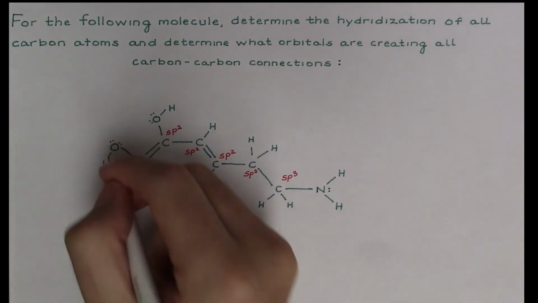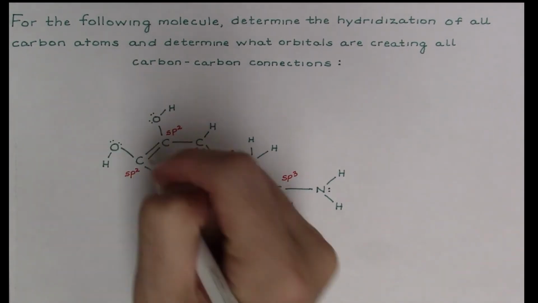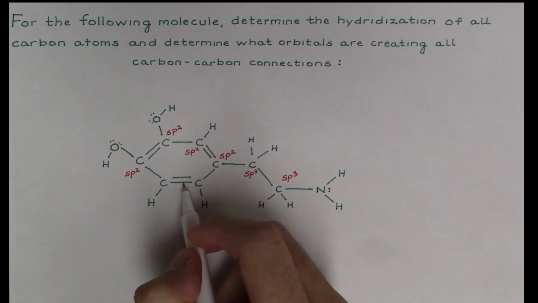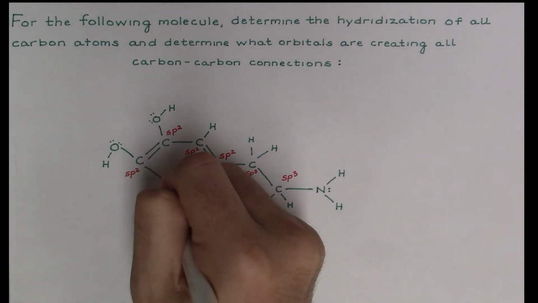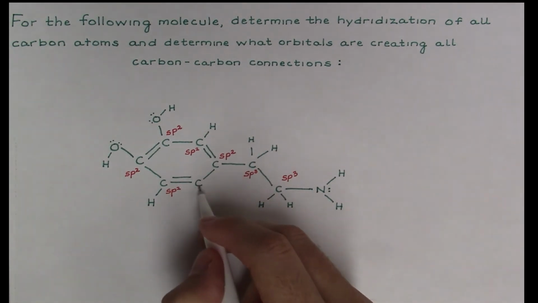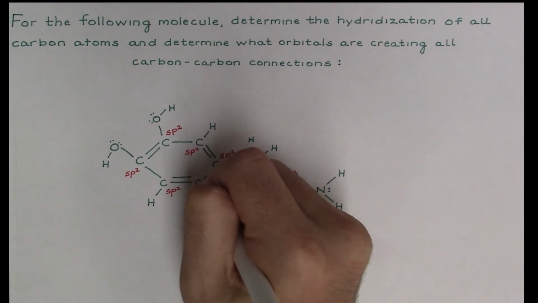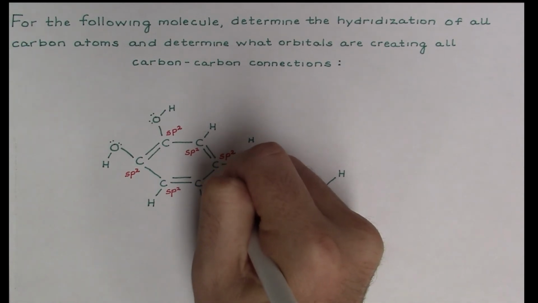This carbon has the same structure as the last one, so it will be sp2 as well. And finally, you will notice that our last 2 carbons have the same 3 attachment arrangement, giving us the trigonal planar molecular geometry, so they're both sp2.